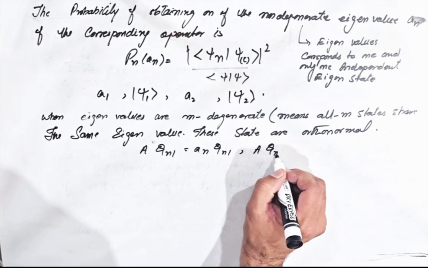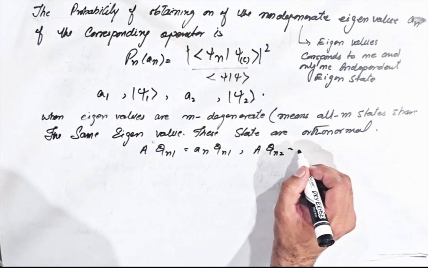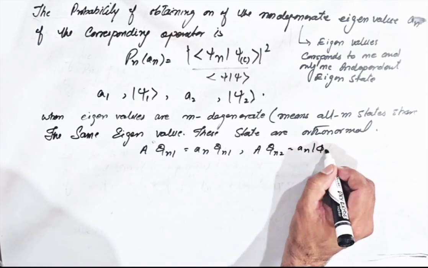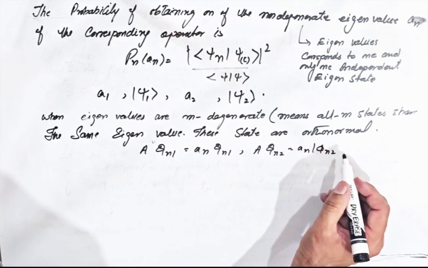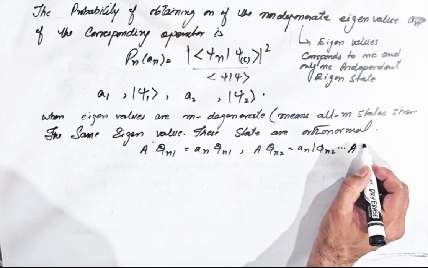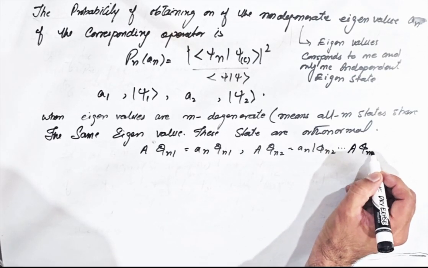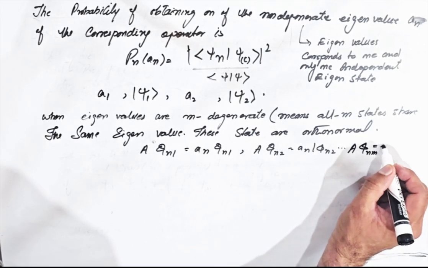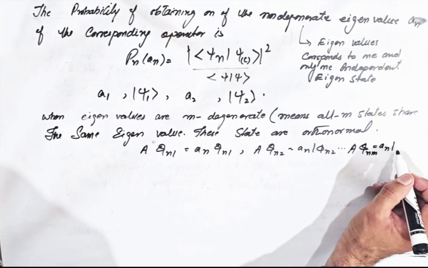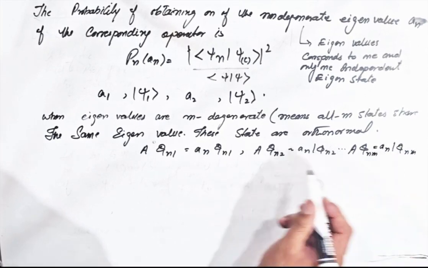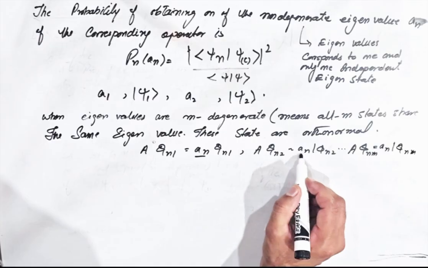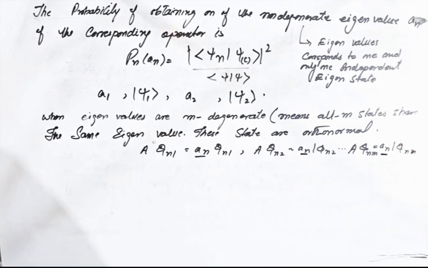A operates on phi n2 is equal to a n phi n2. Similarly, A operates on phi nm, which is equal to a n phi nm. So they share the same eigenvalue.